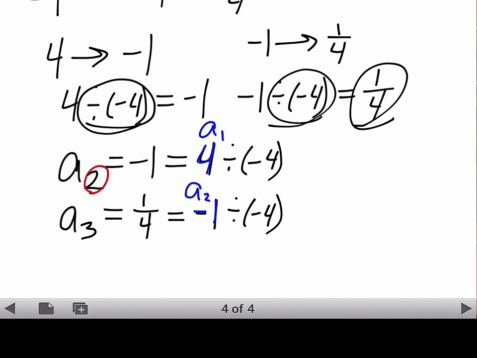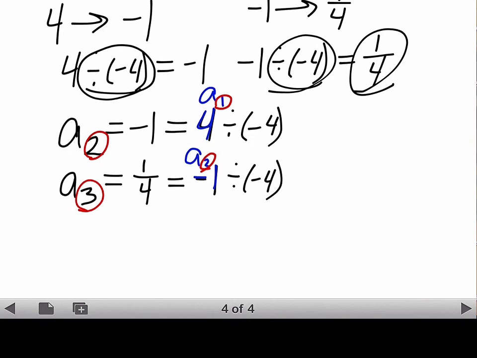So I can see that the subscripts are off by 1, just like I want them to be, because for a recursively defined sequence, we need to write something down that depends on previous terms. So I think I'm going to say that a sub n is what happens when I take the previous term, a sub n minus 1, and divide it by negative 4.